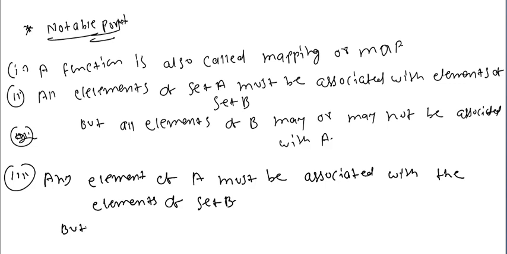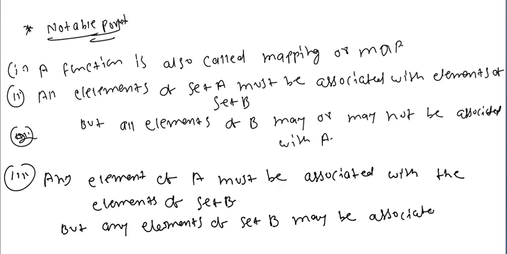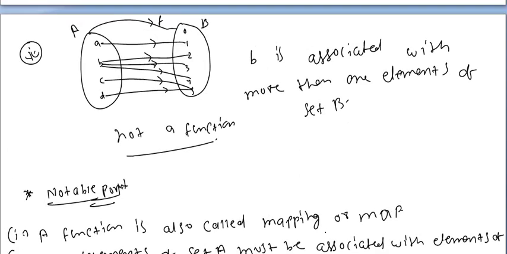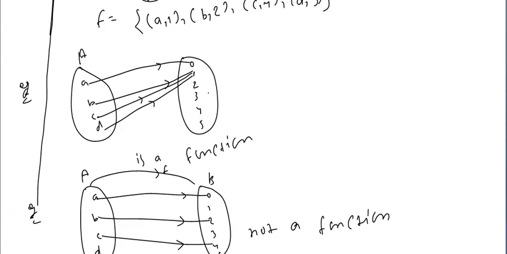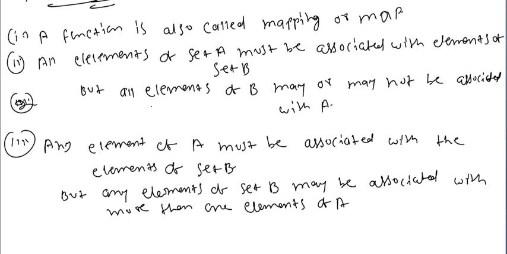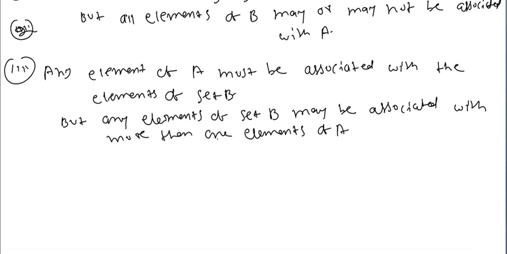But any element of set B may be associated with more than one element of A. Just see here by example: the element 1 of set B is associated with 3 elements of set A. That is, an element of set B can be associated with more than one element of set A. This is the important point of a function.